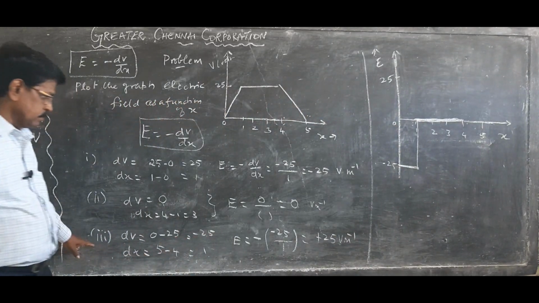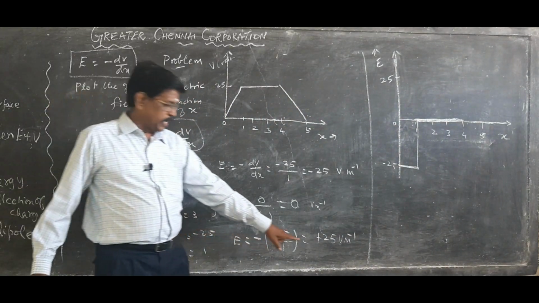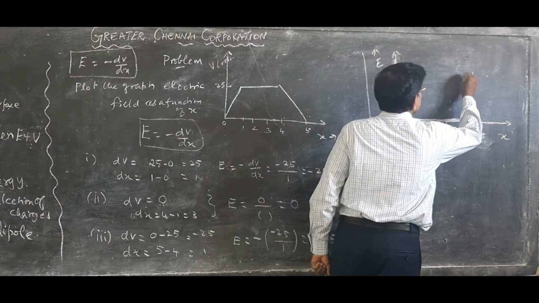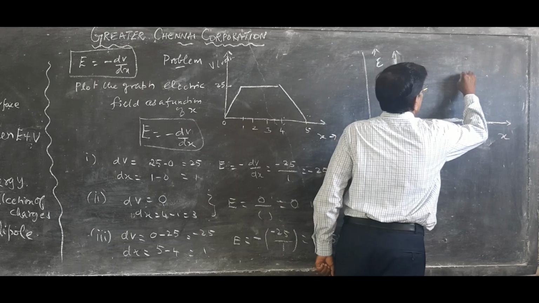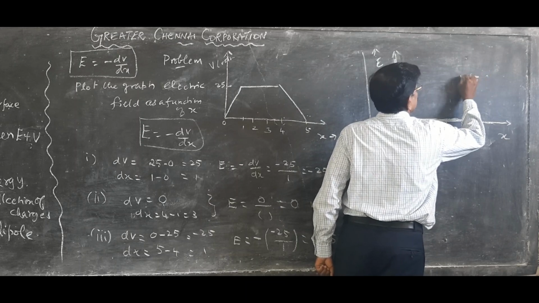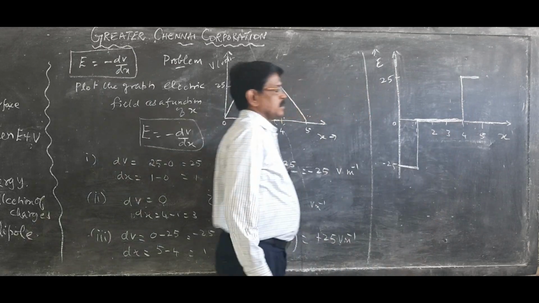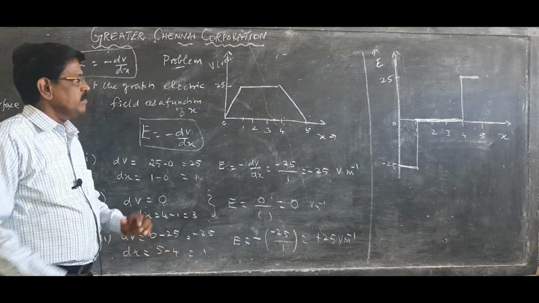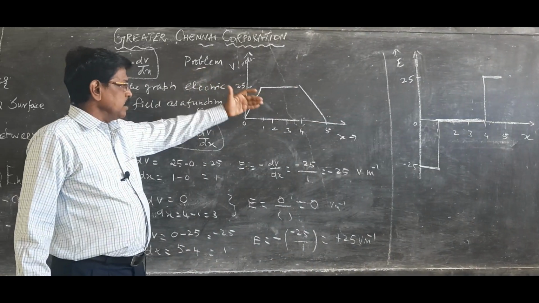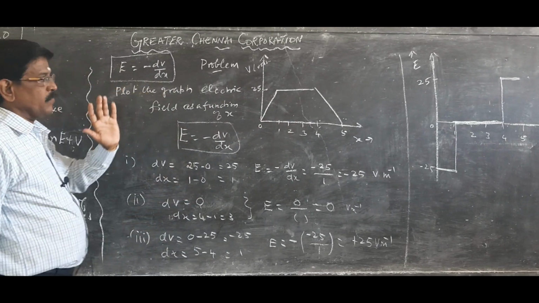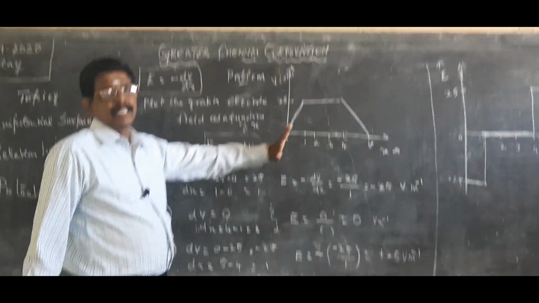The third one, the value of E is plus 25, from 4 to 5, and it remains constant. Join this. That's all. So we have converted the potential versus distance into electric field as a function of x.